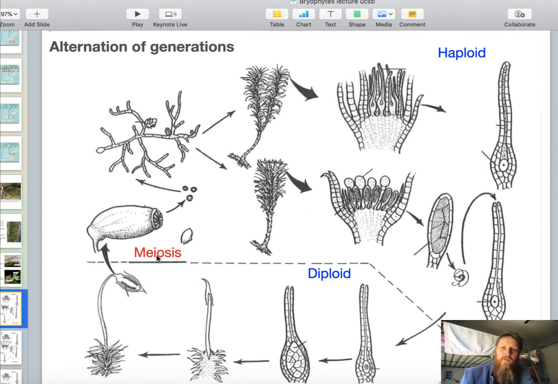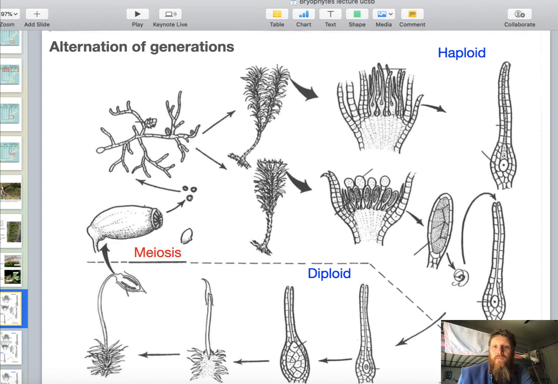It's a splitting of a diploid cell into multiple haploid cells. And then on the other side, you have fertilization, which comes from the fusion of 2 haploid gametes to form a diploid zygote. And so all life cycles have these basic 4 components: haploid, diploid, meiosis, and fertilization, but they're very different.